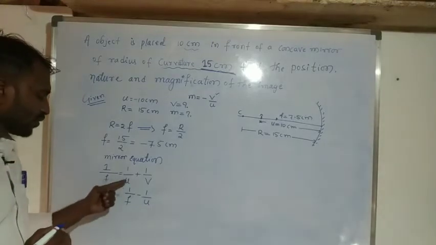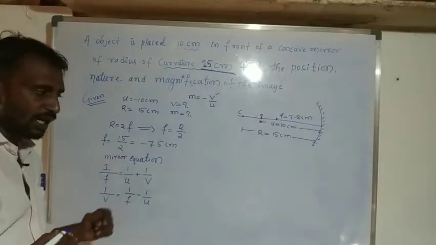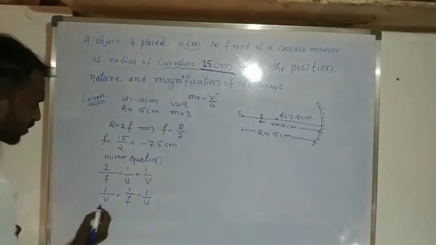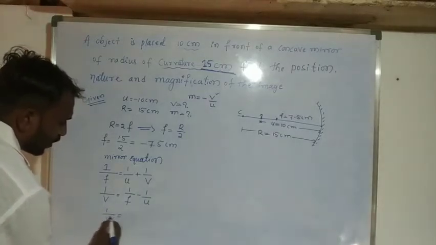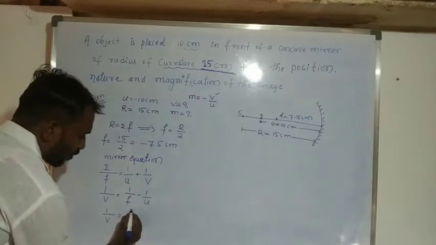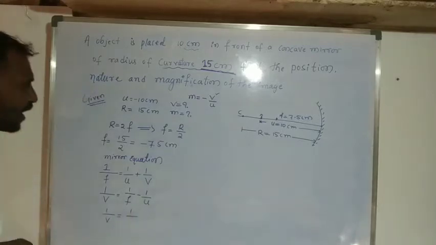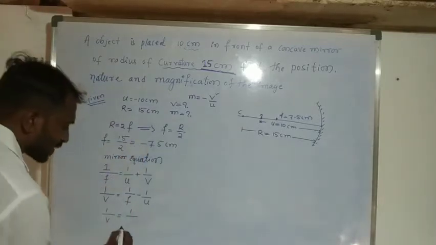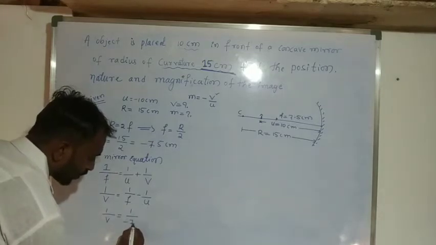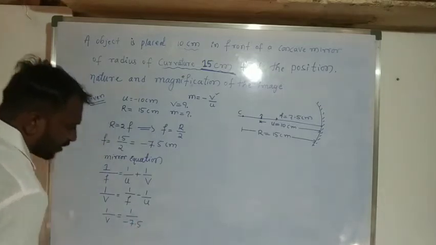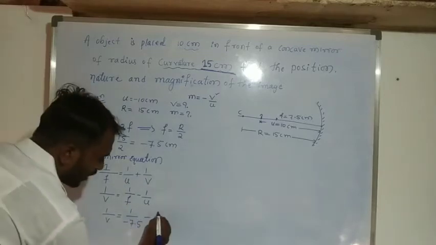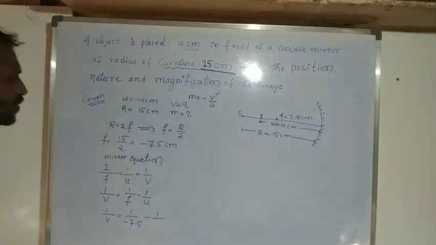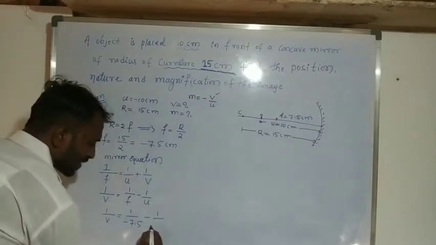Here 1 by v is equal to 1 divided by the f value, minus 7.5, minus 1 by u, 1 divided by the object distance, minus 10.